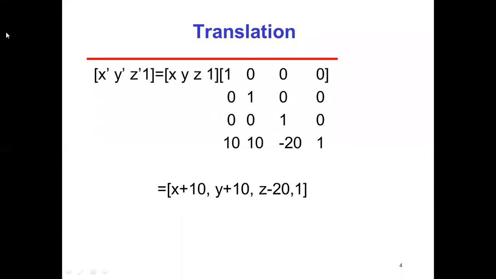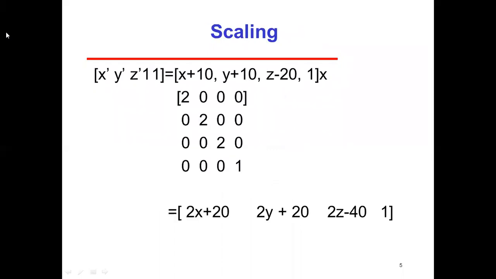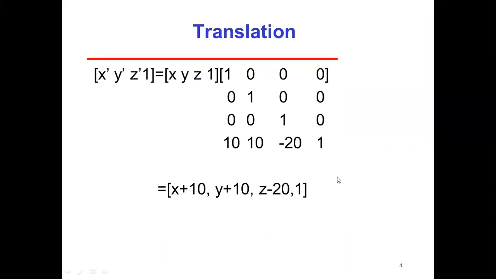Okay, now come to the next point, scaling. As mentioned in the problem, another transformation is scaling. So again we will write in the form of x double dash y double dash z double dash 1, and in place of x, y, z 1 we will choose the preceding result.